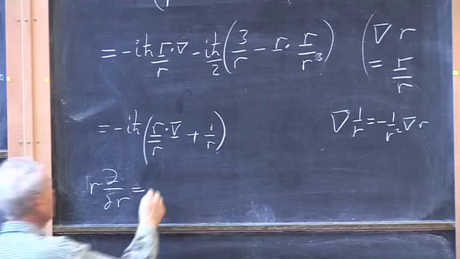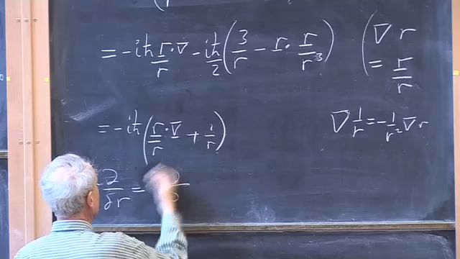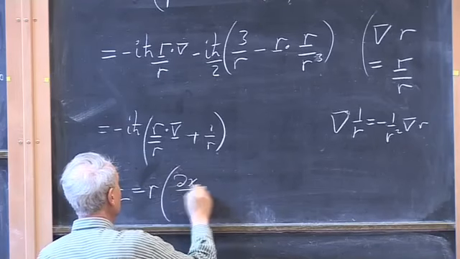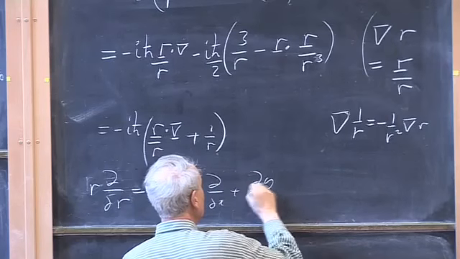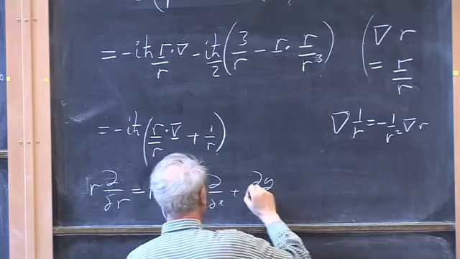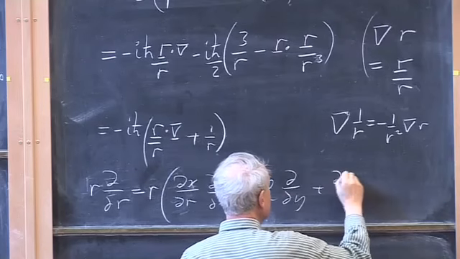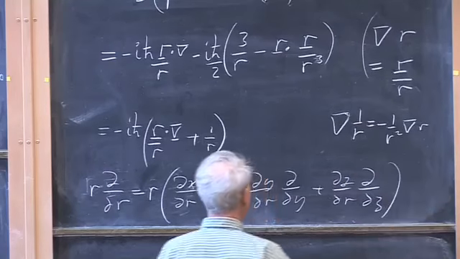It's easy to see that that is going to be... well, let's do it. r d by dr, then by the chain rule, we're going to have dx by dr d by dx, plus dy by dr d by dy, plus dz by dr d by dz. That's just the chain rule.